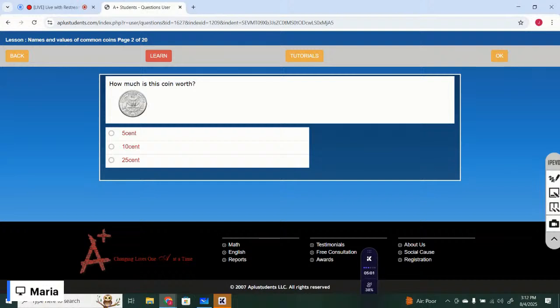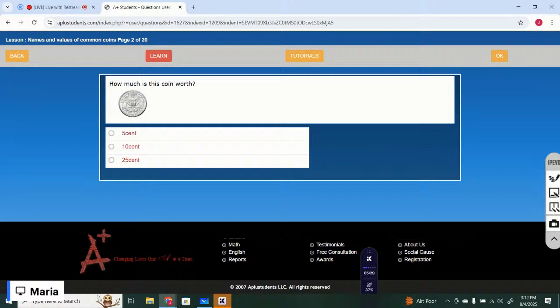How much is this coin worth? 5 cents, 10 cents, 25 cents. So which is the correct option? That is 25 cents.